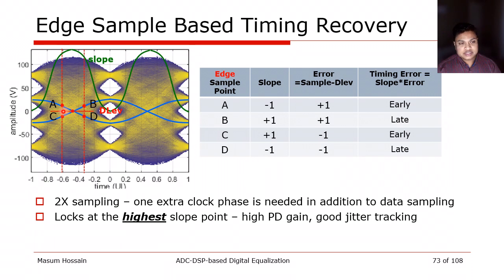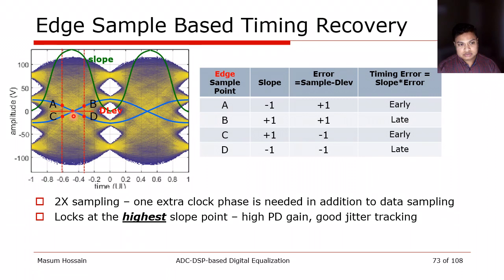Instead, if we sample at the transition, then we can define delay as the 0. And similar to the previous case, deviation from the delay is considered as error, and the slope of the signal can be attached to that to calculate the early-late decisions, as for example A and C would be considered early, B and D can be considered late from the edge clock perspective.